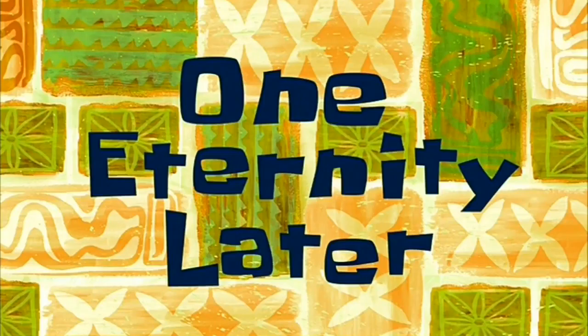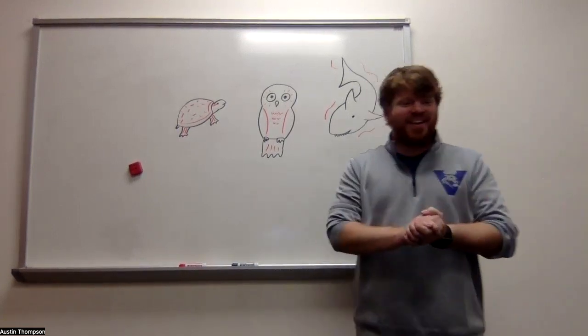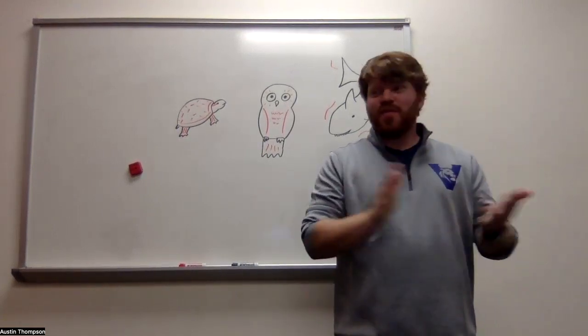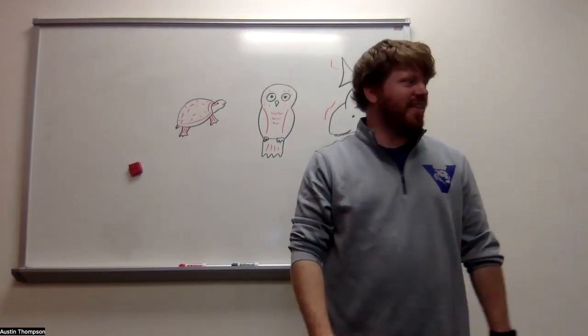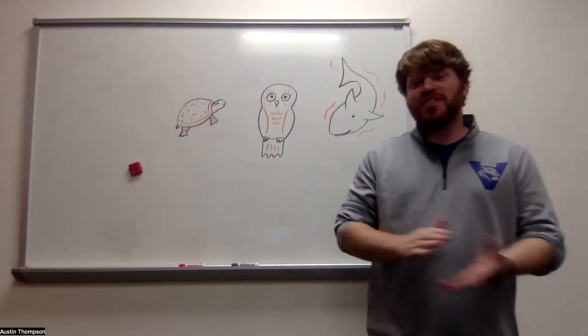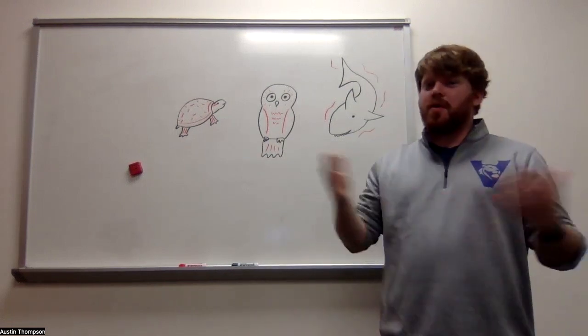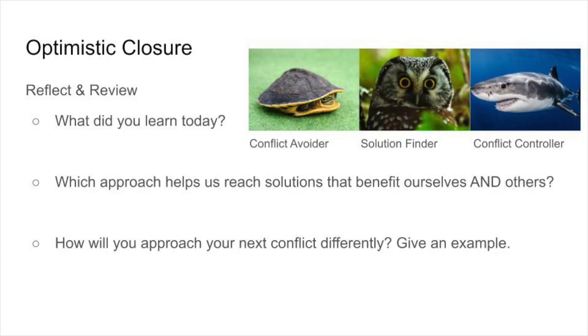One eternity later. Okay, and we're back. Excellent. Very good. As we walked around, we heard lots of very good discussions going on. Thank you. Now, we want you to consider, what did you learn today? To wrap up, you'd want to review and reflect.